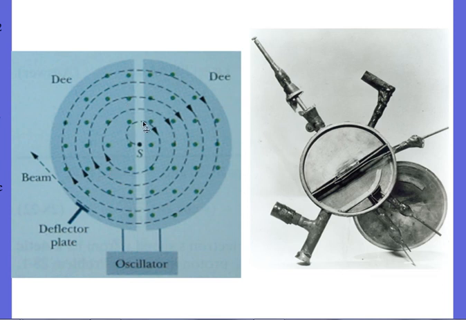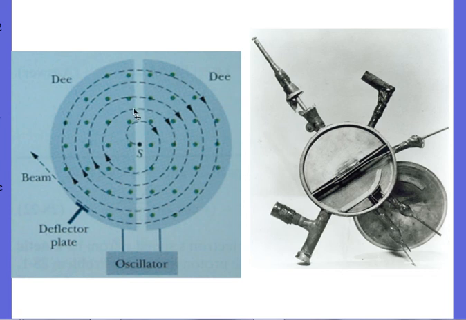But it gets accelerated here, and then it goes through approximately half a turn, by which time I have changed this D from being the high potential one, and now this one is the high potential one, so the electron gets accelerated across that gap. And then it goes through this arc. Now it is going faster because of that acceleration, but it takes exactly the same time.